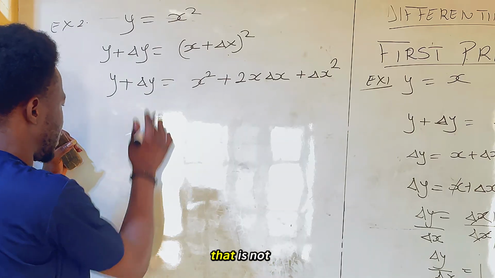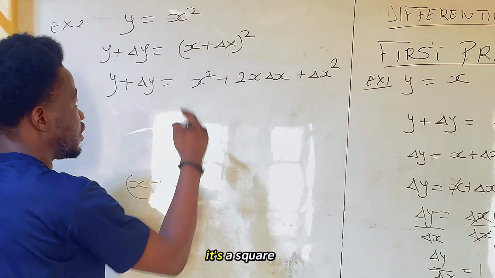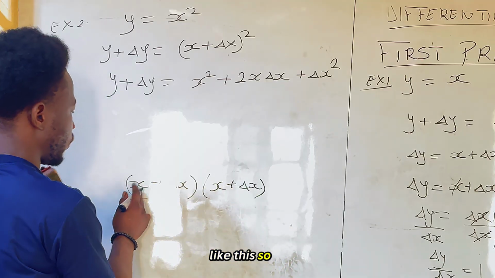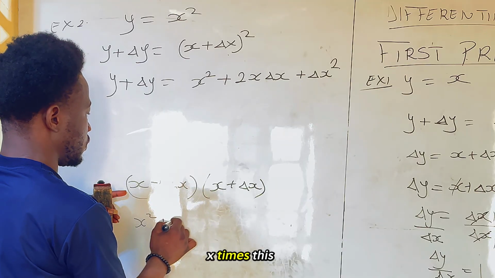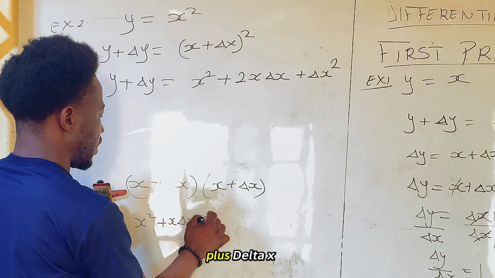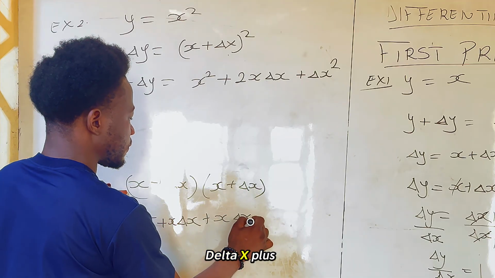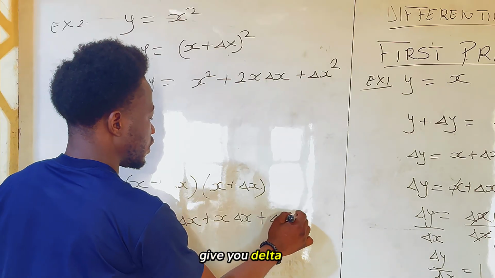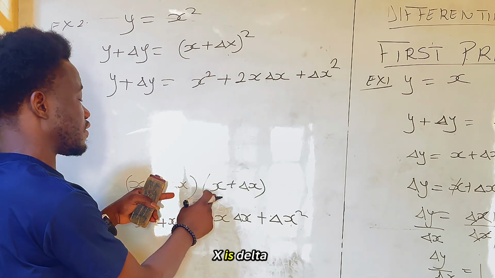In here, we can expand it this way. We now have x plus delta x all squared, so it means it's multiplying by itself. So x times x is x squared. x times delta x gives x delta x, plus delta x times x gives x delta x, plus delta x times delta x gives delta x squared. Now, don't make a mistake by saying that delta x times x is delta x squared.